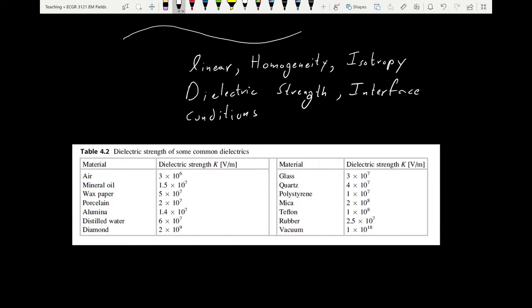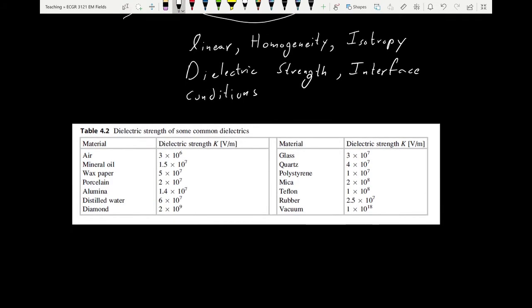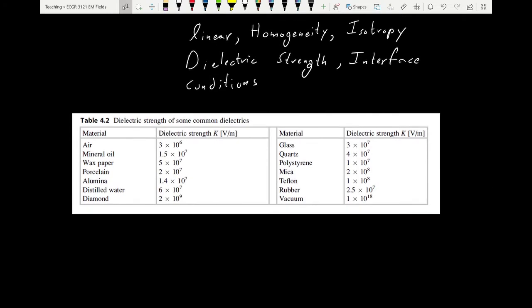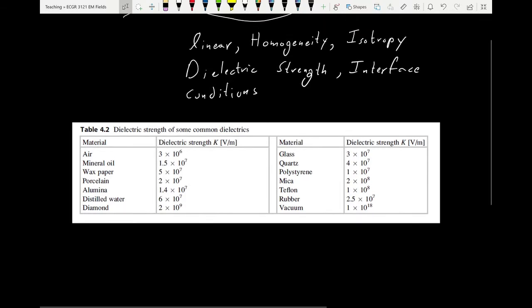This is a table taken from the textbook that shows the dielectric strength of a bunch of materials, in volts per meter. So what's dielectric strength? Let's start there.